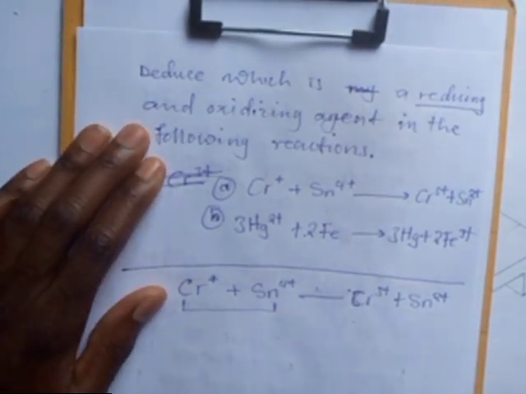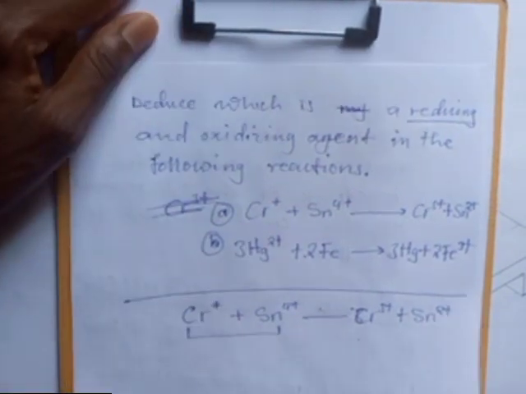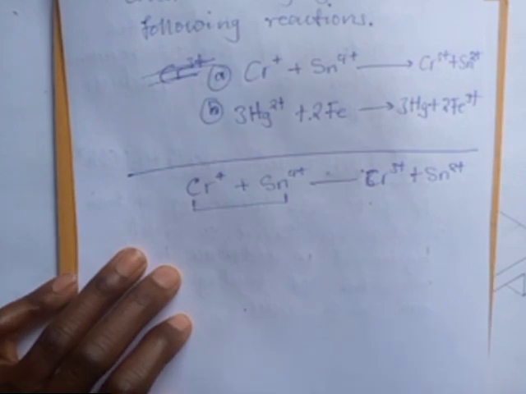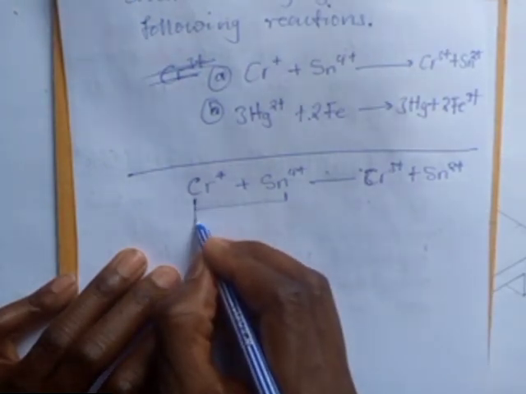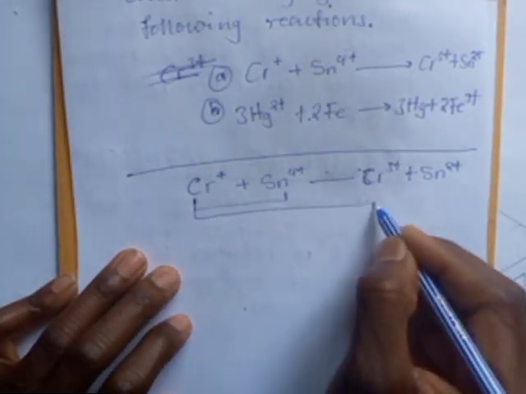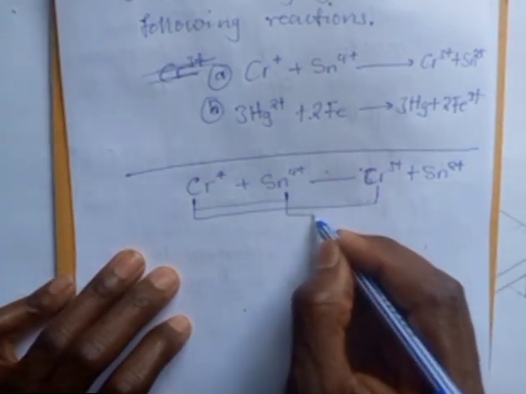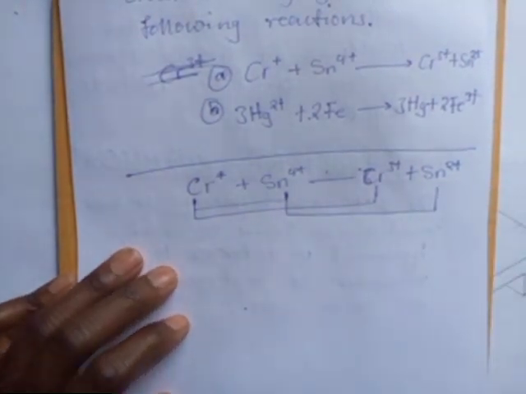For me to easily understand what I am supposed to do here, you must always identify the half reactions. The first half reaction is between this reactant and that product, meaning that this one forms a half reaction with that one.